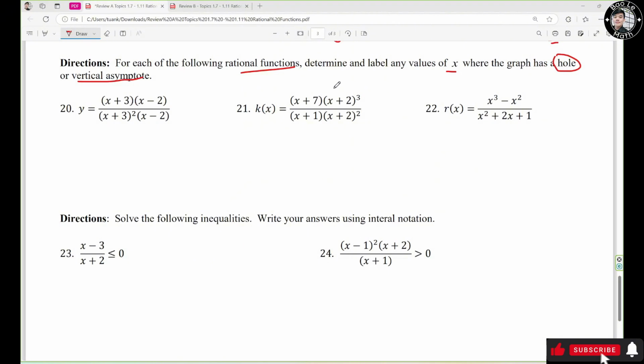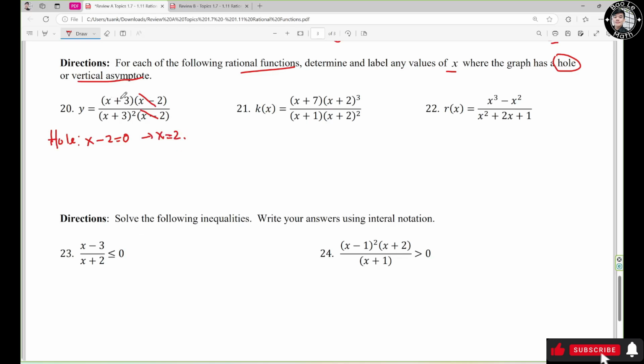The hole is when the numerator and denominator have the same common factor, right? Now, first we need to find a hole. S minus 2 and S minus 2 cancel out. This is a common factor. So the hole should be S minus 2 equals 0, right? So then S equals 2, right?